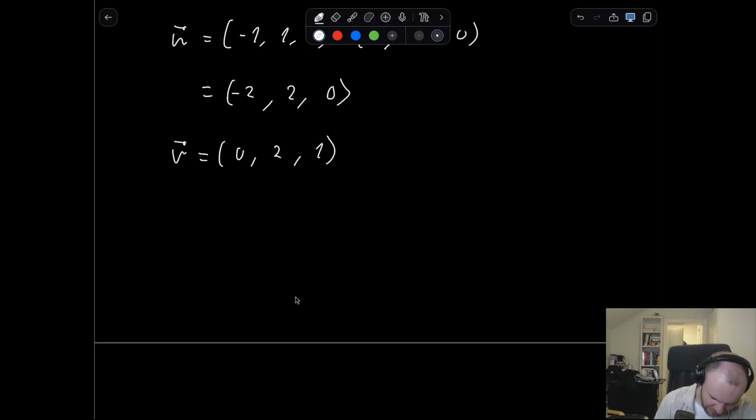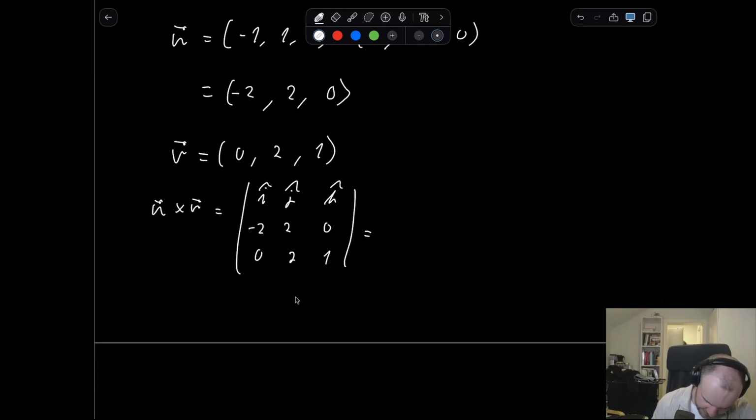But that normal vector is just u cross v, right? And u cross v is just i hat, j hat, k hat, and then we got -2, 2, and 0, 0, 2, and 1. So i goes out, then you have just the right side.